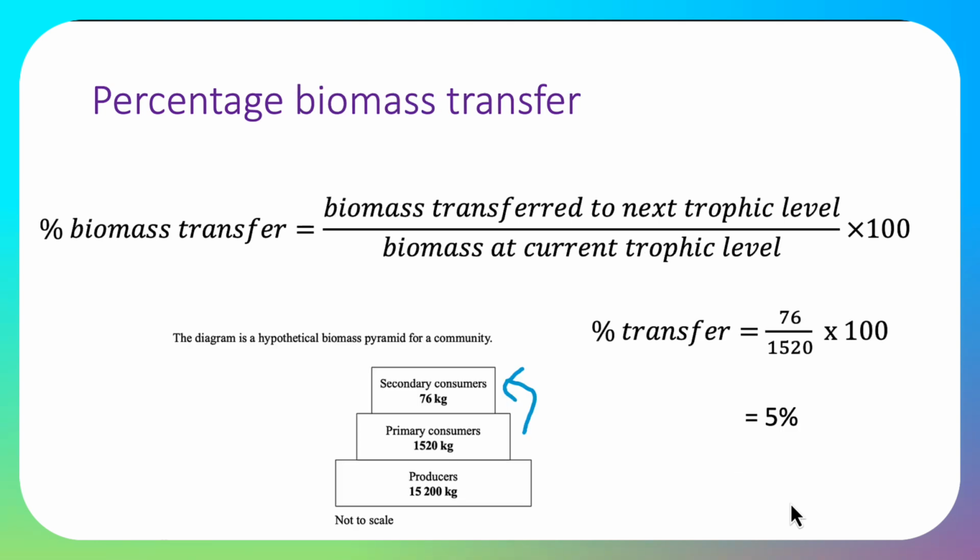We'll look at a few more examples. This one here was from a previous exam. So from primary consumers to secondary consumers, we need to work out what that percentage is. So we've got 76 as the next trophic level divided by the current trophic level times by 100, and that's 5%.